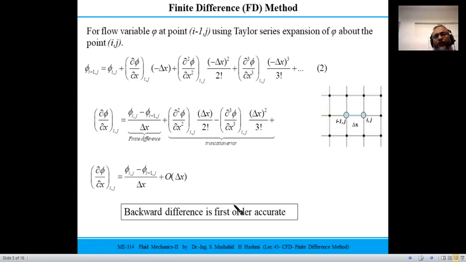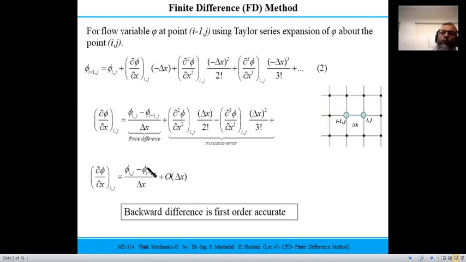So this is called the finite difference, where the first derivative can be represented in terms of a finite difference equation. And in order to calculate the derivative at point ij, I need knowledge of the previous point. I must have the information of that variable phi.